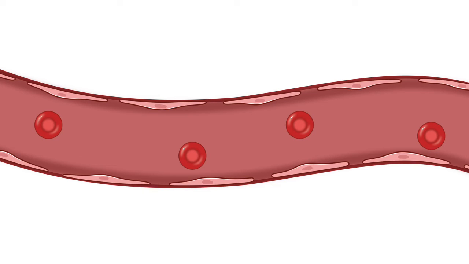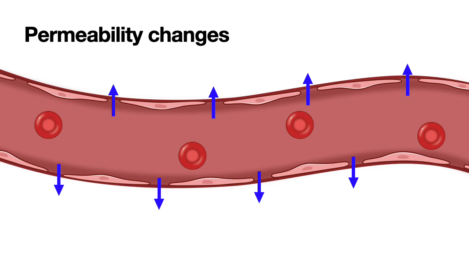These pores become bigger. Not only the fluid, but the protein in the capillaries extrudes out or extravasates, resulting in an exudate, and the permeability changes result in a fluid that is rich in protein.